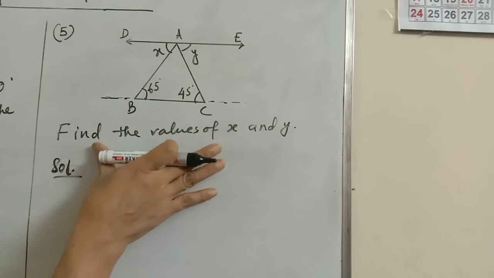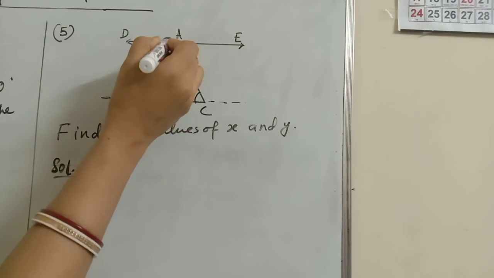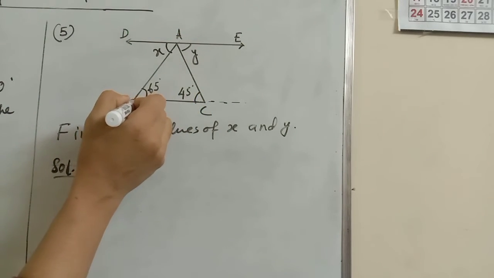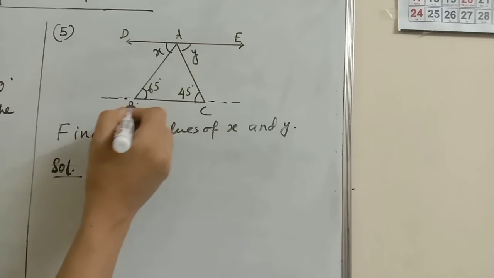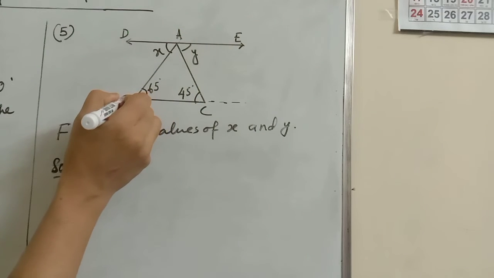In the question, I have not written the question completely. DAE is a line and BC also a line, and AB is the transversal.